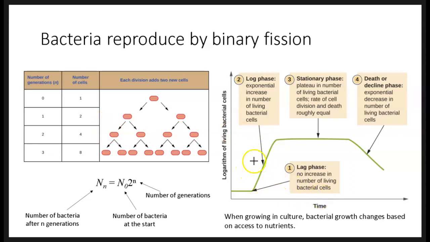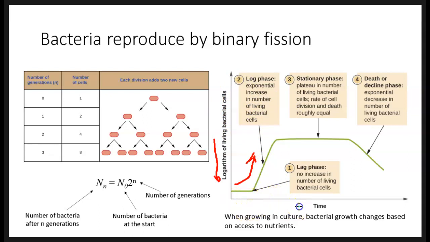Some bacteria take a lot longer than 20 minutes to grow and divide. However, if we look at bacteria growing in a culture, we can track their growth in the number of cells and look at that growth on a graph that will look something like this. This graph shows the logarithm of the number of living bacteria cells, so this is approximately the number of cells in the culture.